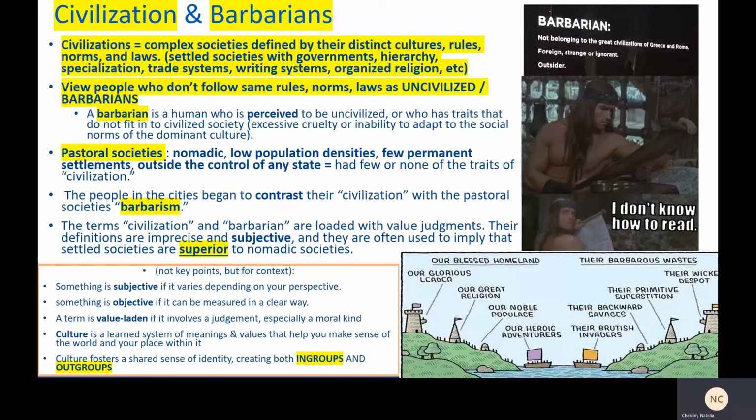And it's important in history to pay attention to how these words are used and defined. For example, even though at first the idea was settled societies versus nomads, that's how people defined civilization and barbaric. Later in history, you'll see it defined based on religion. Like if you belong to my religion, you're civilized. If you don't, you're a barbarian and I get to kill you and take your stuff.